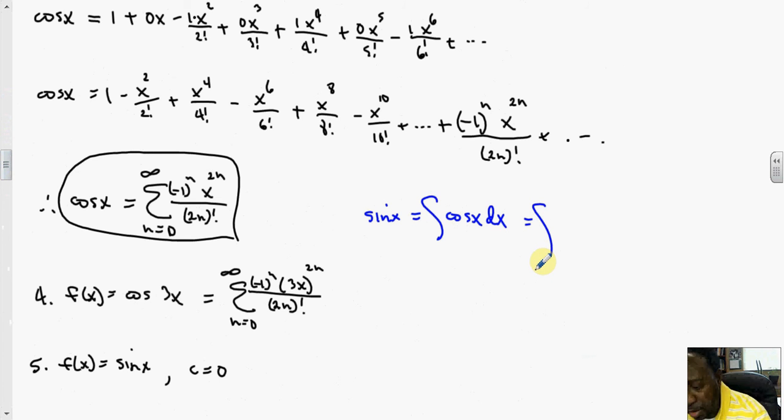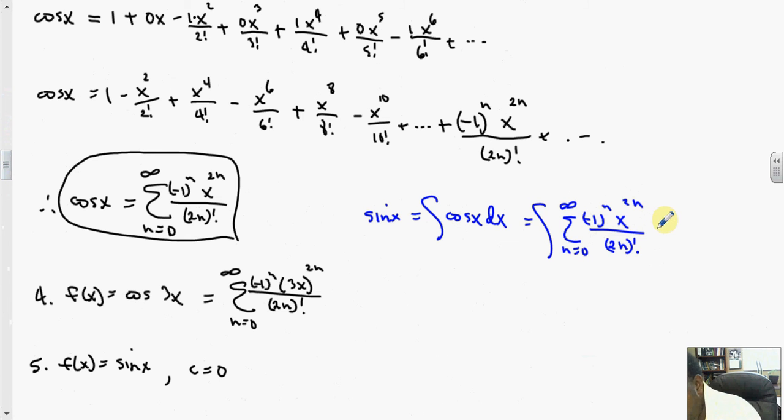I'm going to integrate the power series. So this is the integral of the summation as n goes from 0 to infinity of negative 1 to the n times x to the 2n, all over 2n factorial, dx.